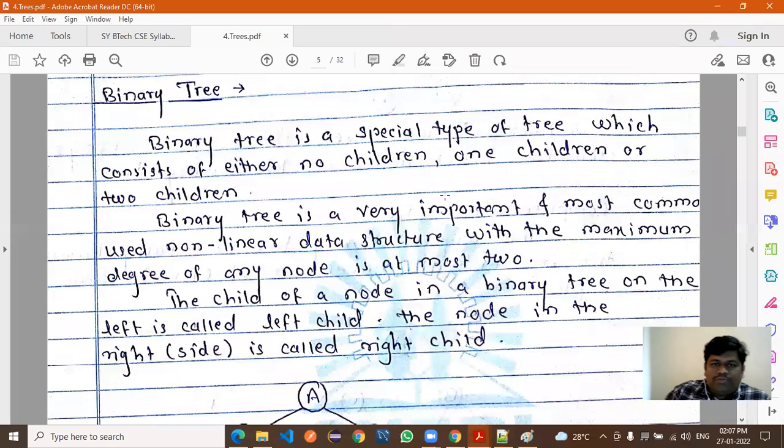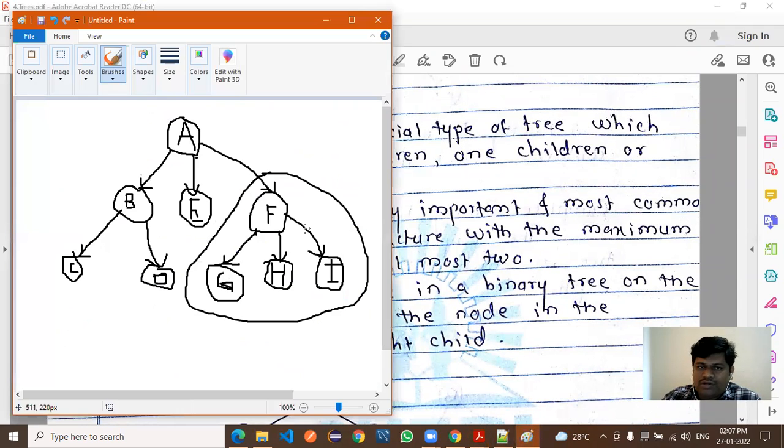Now here, a binary tree is a special type of tree which consists of either no children, or one child, or two children, not more than two children. Now I will draw. Here, how many children does F have? 3. Or A, how many children does A have? 3, right?